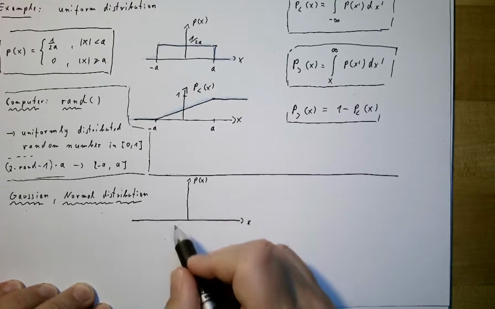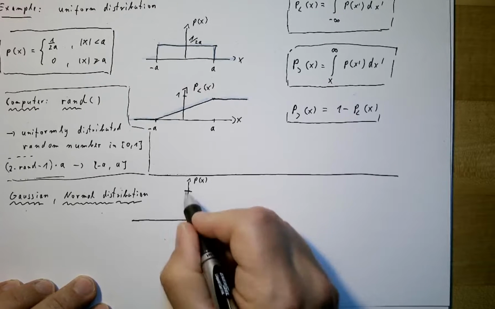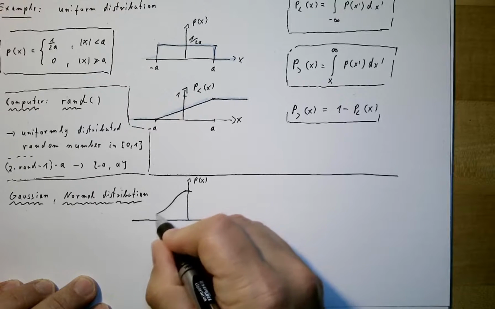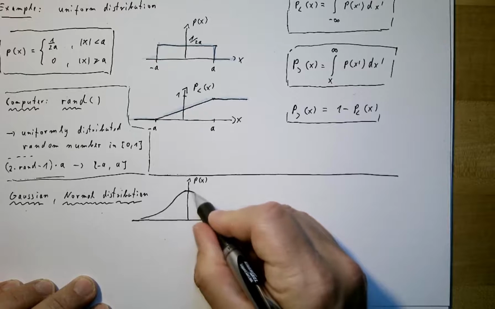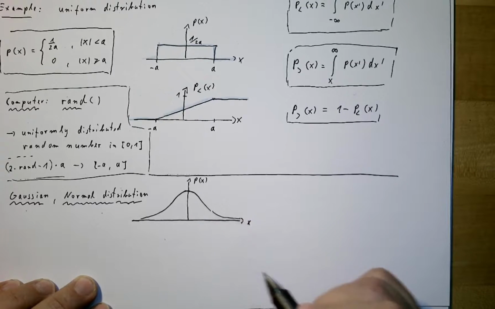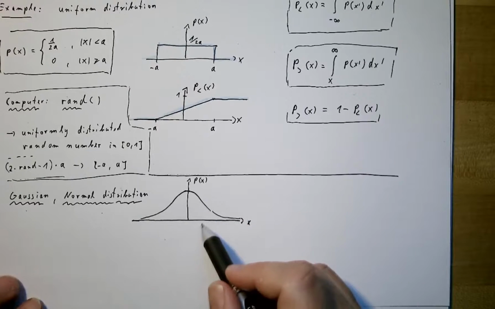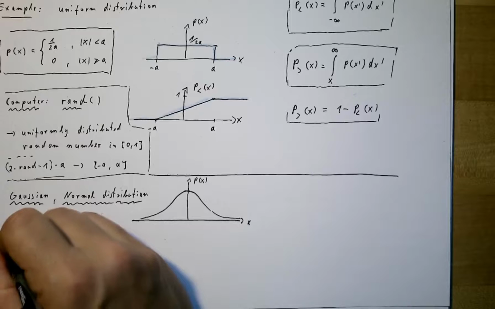And now we have a more roundish distribution which has a maximum at 0 and decays to the outside. I think you all have seen the Gaussian distribution.